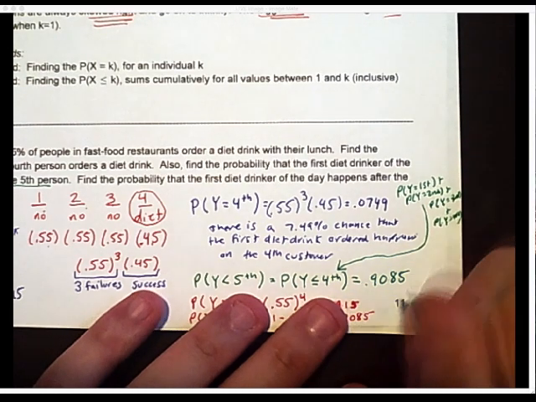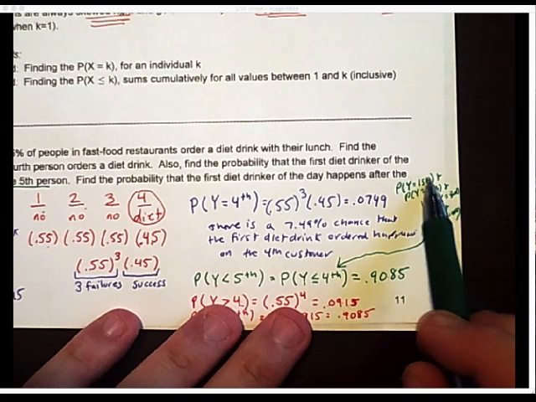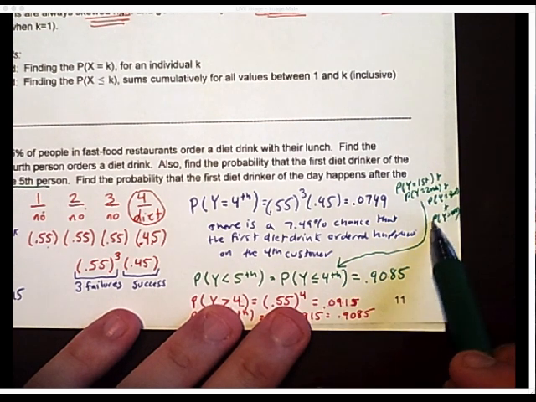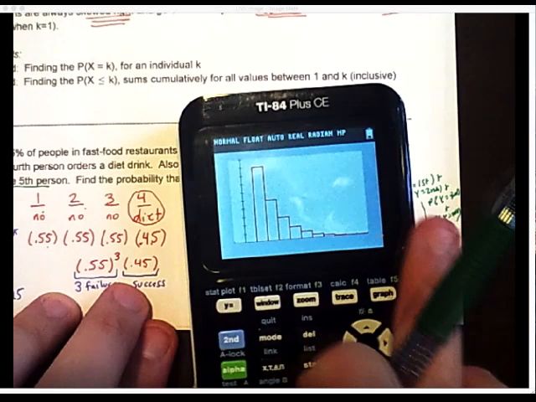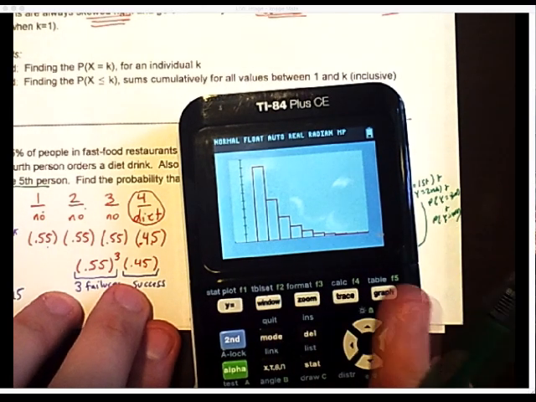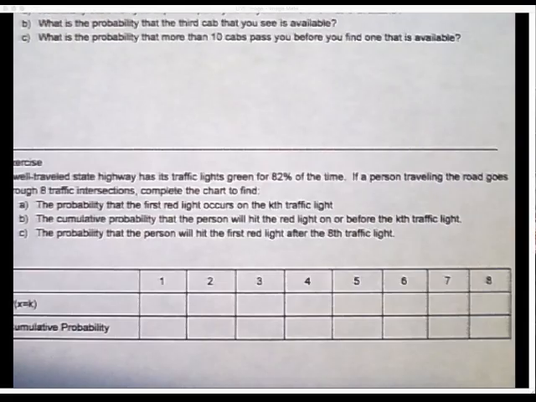So you could add them up individually, using geometric PDF for each one. Or like we said, that's like adding up the first 4 individual bars. All right, we're almost there. We got one more page.